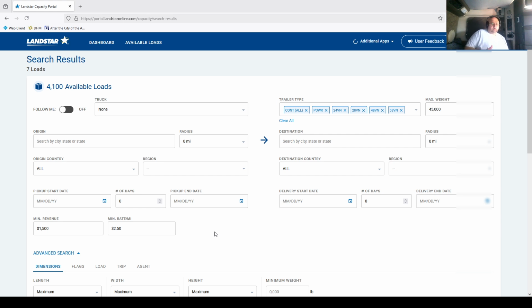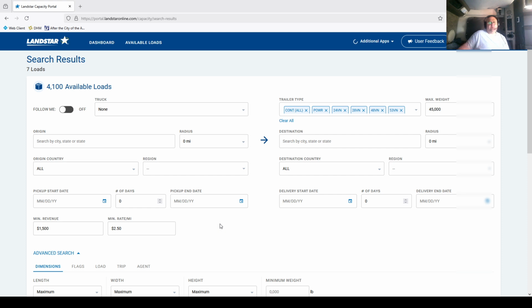Now, there are situations where there are loads that are same day loads, or various other things. So this isn't 100% on profitability. There are loads that pay less revenue than this that are still profitable, but I just use this to filter out all the junk loads.